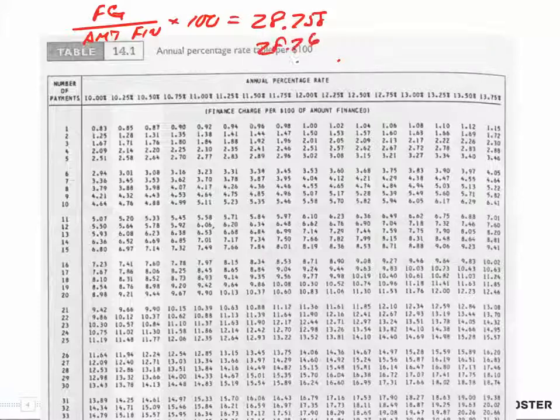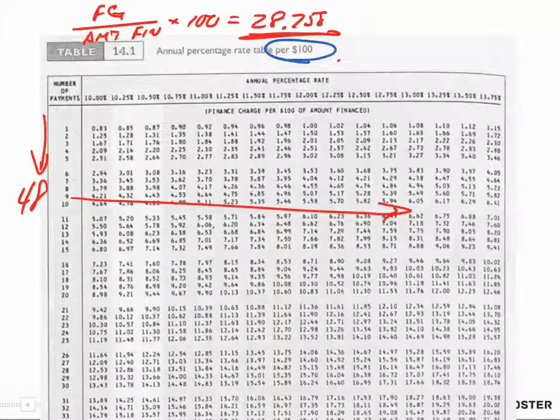Notice that this annual percentage rate table is per $100. So we're going to look for this particular number, and we go down the number of payments until we find the 48 payments. And when we find that 48 payments, we go across the table until we find that amount, the 2875, 2876.